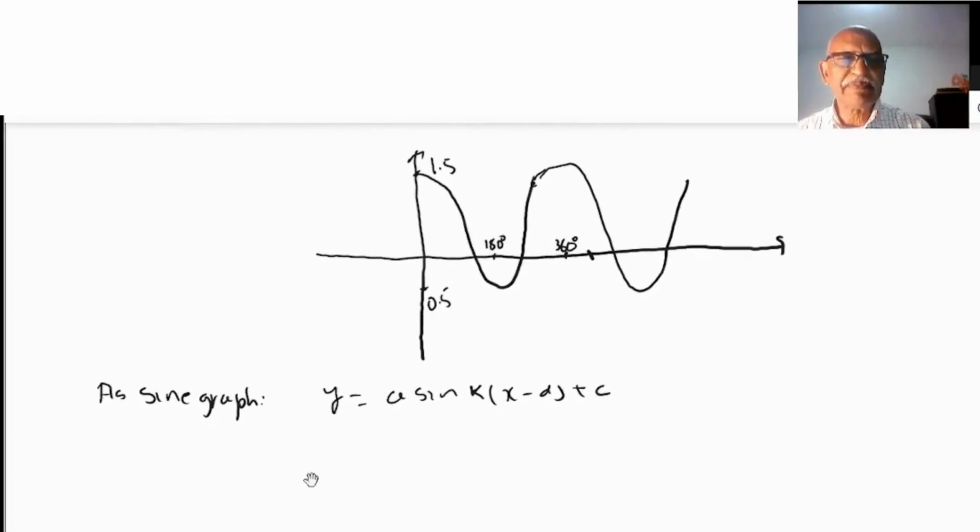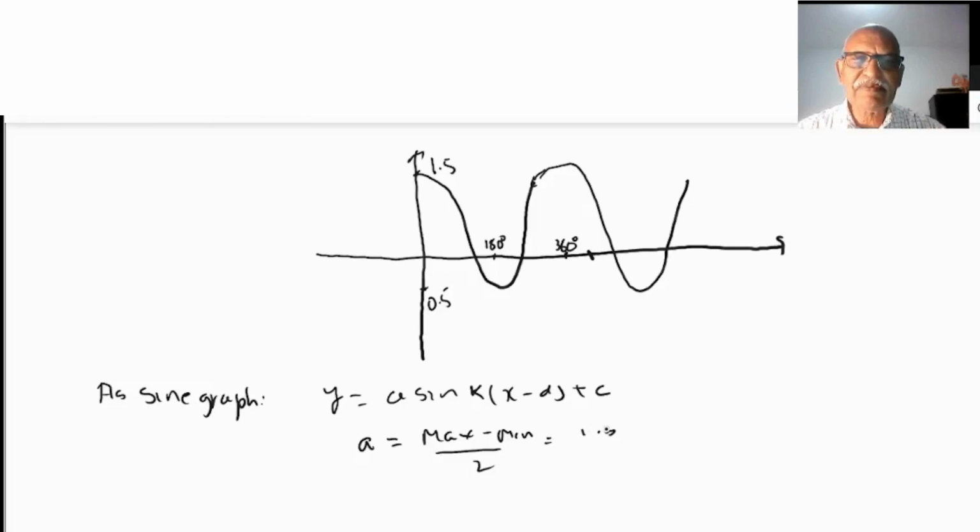So we have a, which is the amplitude. A is always the absolute value. A is the amplitude, which is the maximum minus minimum divided by 2. In this case, it's 1.5 minus 0.5 over 2.